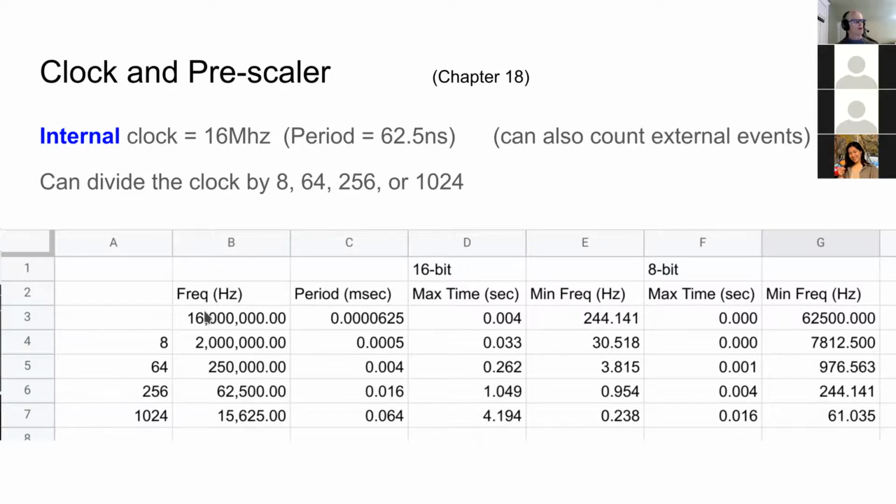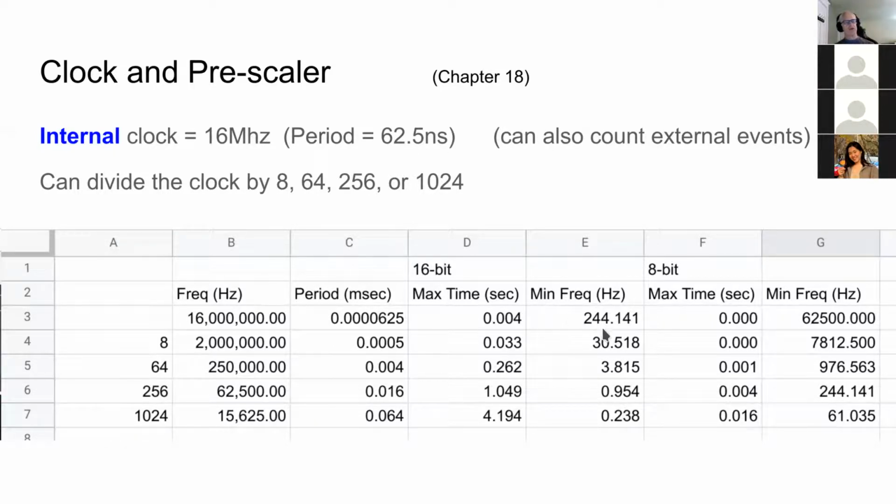So this is, sorry, too tempted. Anyway, this is the 16 megahertz fundamental clock frequency, and its period. And if we use a 16-bit timer and we're counting at 16 megahertz, the longest time we can represent is only 4 milliseconds. It takes 4 milliseconds to get to 65535. And if we're using that to generate a frequency, it means the slowest frequency we can generate.